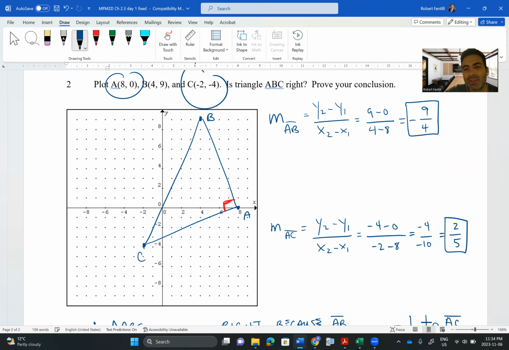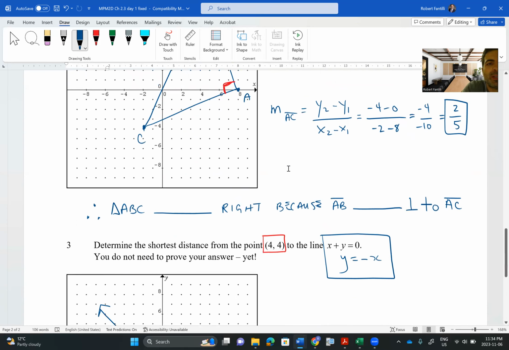Well, 2 over 5 is not the negative reciprocal of negative 9/4. So therefore, triangle ABC is not right because AB is not perpendicular to line AC. That's our symbol for perpendicular.